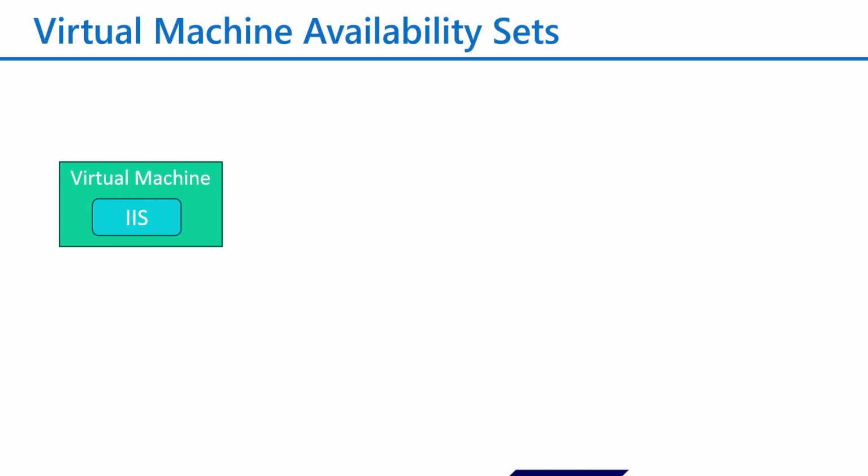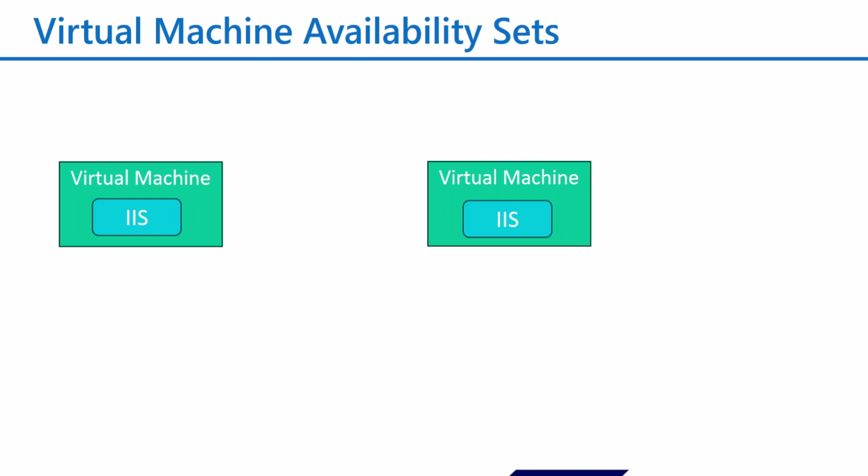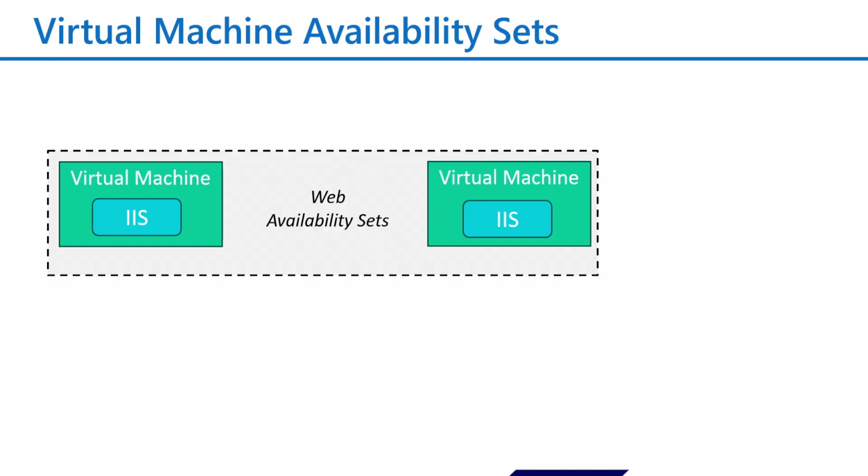In order to have a highly available solution, we will consider using virtual machine availability sets, which deploy 2 or more virtual machines into a logical group of VMs with the same role. For our example, we will deploy a second virtual machine with an IIS server to ensure a highly available web application role.